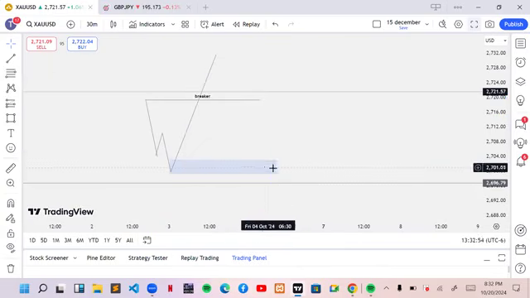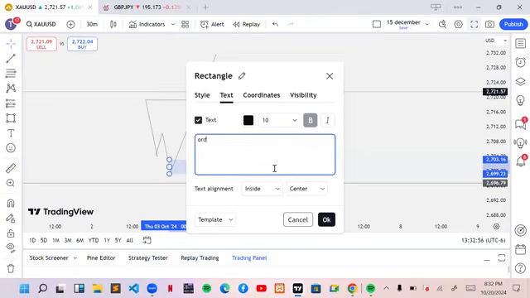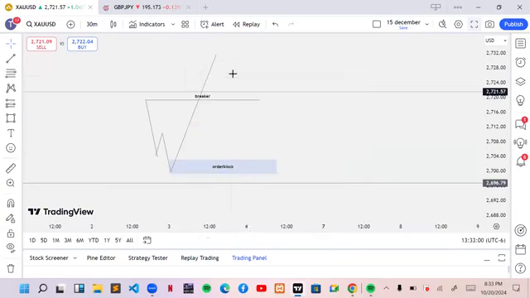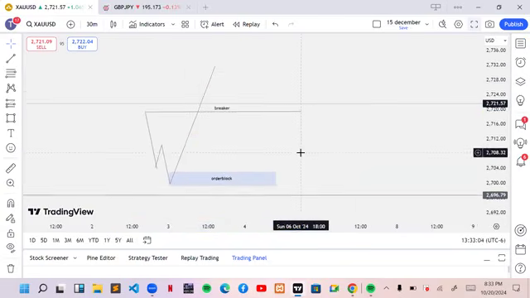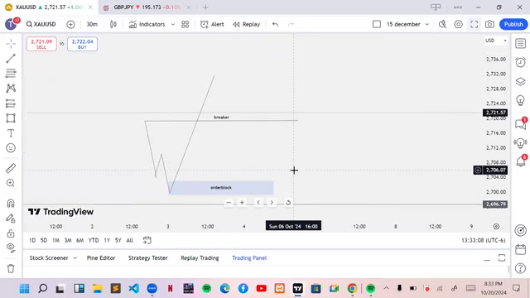And then this is your other block. Now, knowing when to use a breaker block or when to use an other block, you use a breaker block when the first pullback that market makes did not mitigate that breaker block.